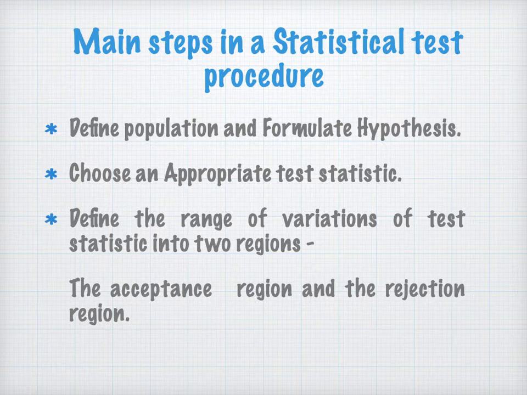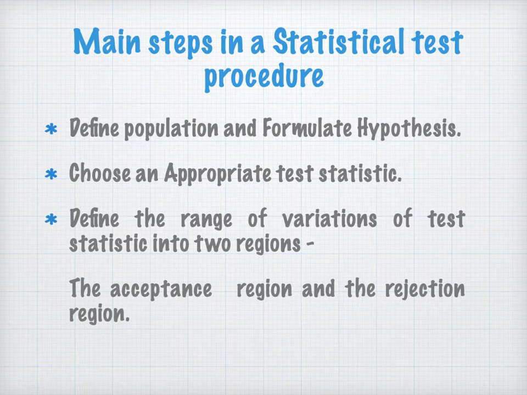There will be a null hypothesis and an alternative hypothesis, and for the null hypothesis we always take it to be a simple hypothesis, and for the alternative hypothesis we always formulate that either as a one-tailed test or a two-tailed test, depending on whether it has a greater than symbol, a less than symbol, or a not equal to symbol. Now, the next step involved in the statistical test procedure is to choose an appropriate test statistic.